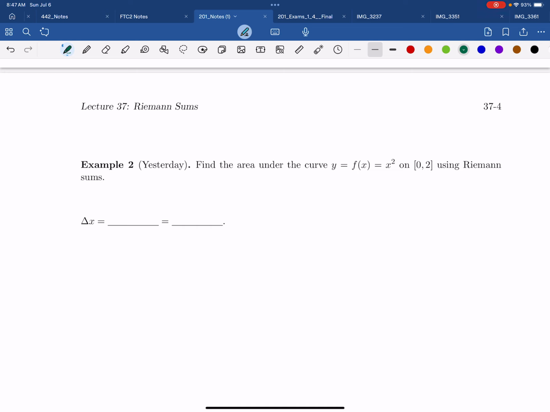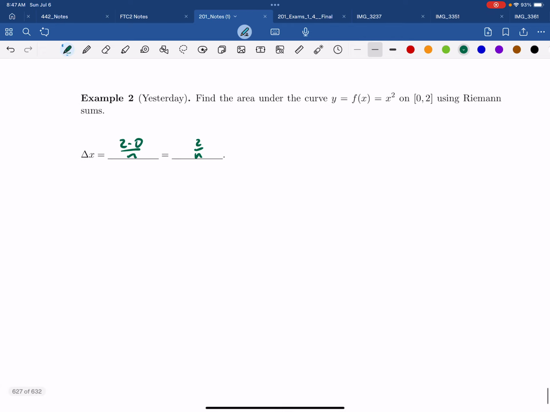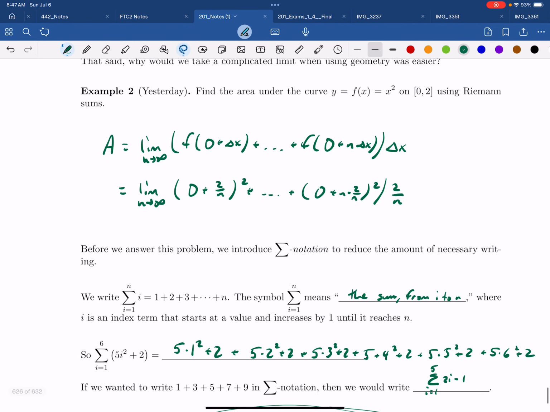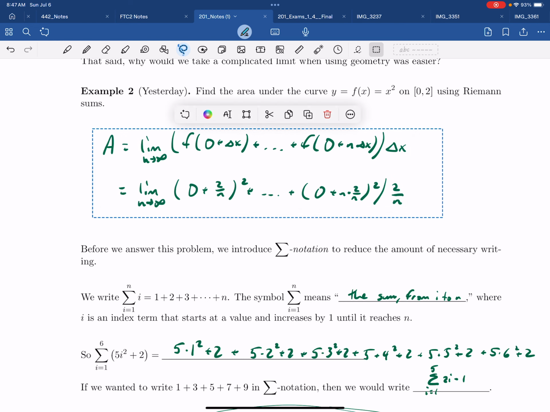So, looking at this parabola problem, right? We're getting delta x equals 2 minus 0 over n, which is 2 over n. Let's see what we wind up getting. The area is going to equal the limit as n approaches infinity. Let's write it this way one more time. I'll just copy this over because I started it.